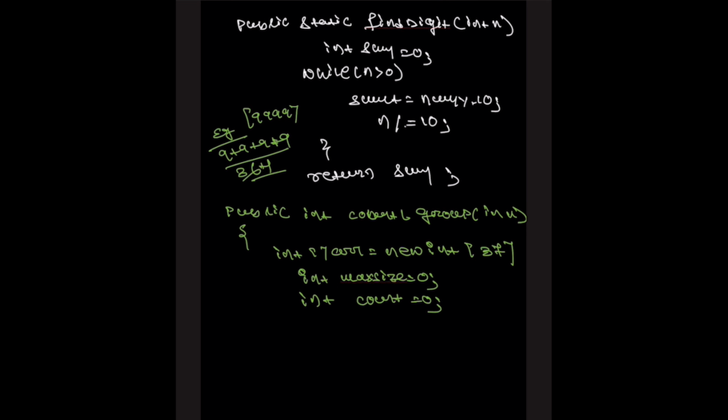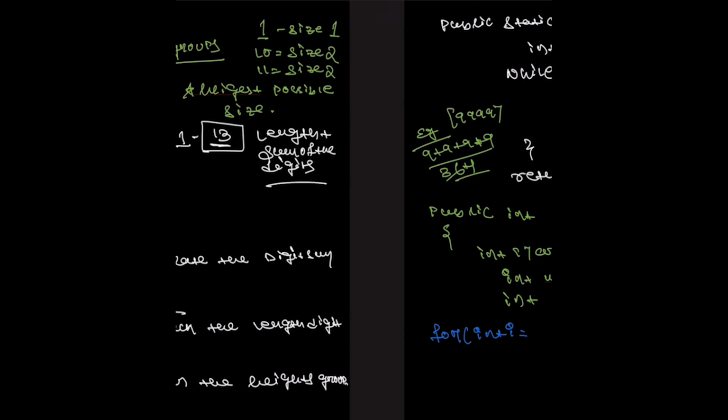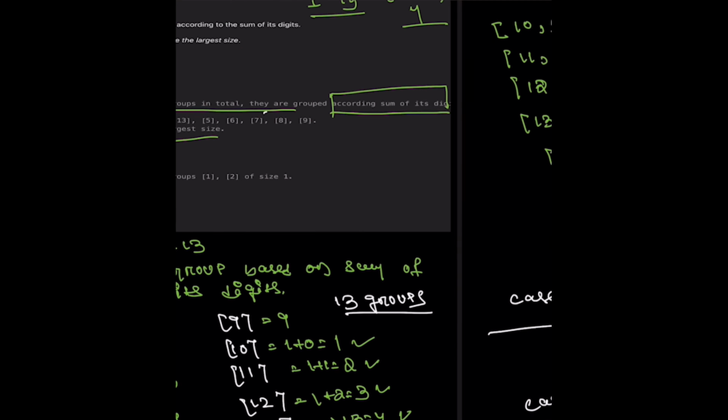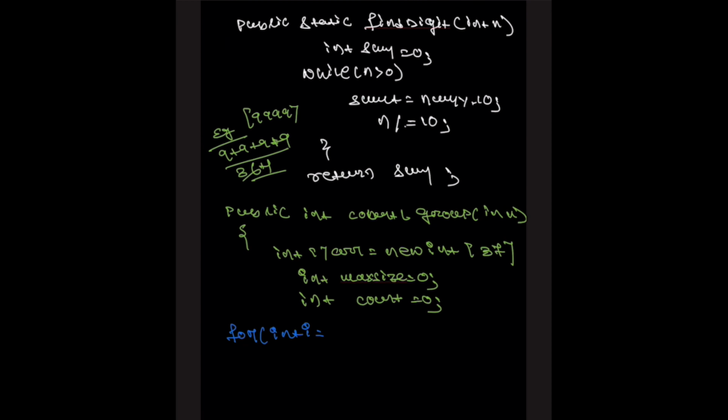Now we start a loop. In the question it's given that i should start from 1. So int i equal to 1, i less than or equal to n, then i plus plus. We start the loop from 1 to 13.